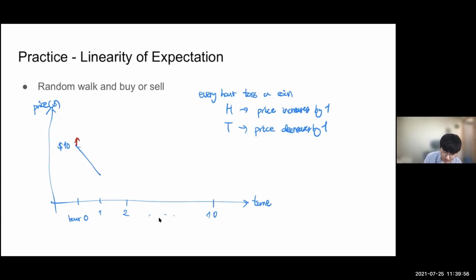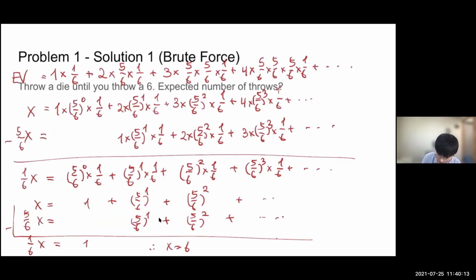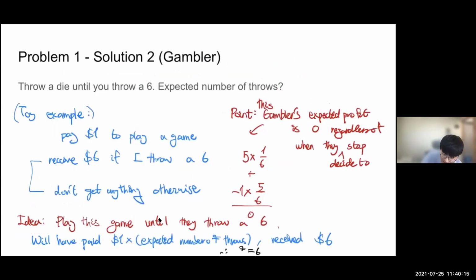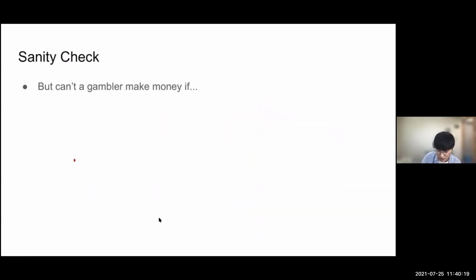But the point is that you might have to wait a lot, sort of infinitely. And so this point actually has a big asterisk.